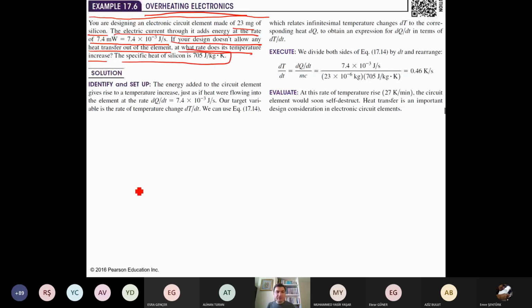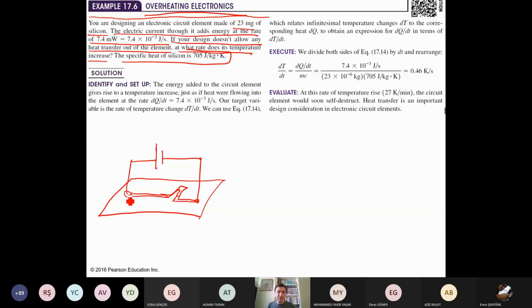So just consider that here you have a silicon board, and here you have conducting lines. Okay, so you apply voltage between these two ends of the wire, and then there is a certain current. Due to this current, this material will be hot.